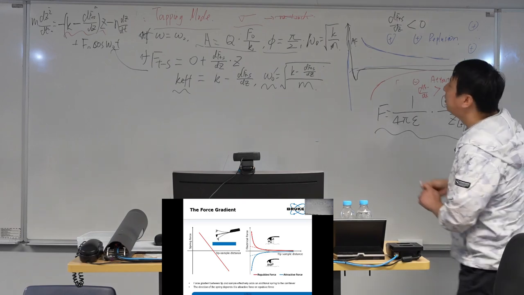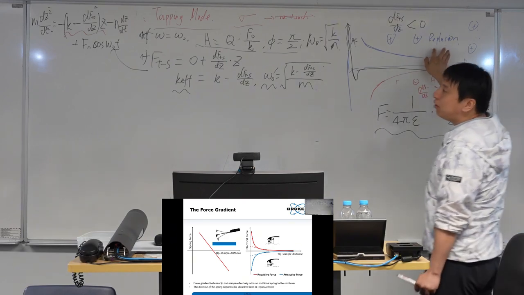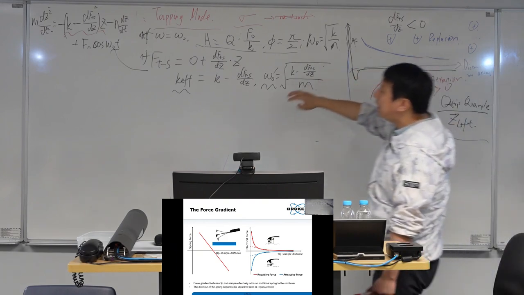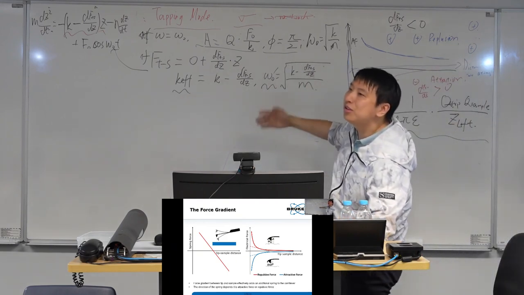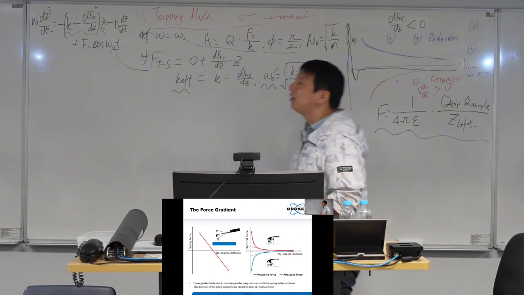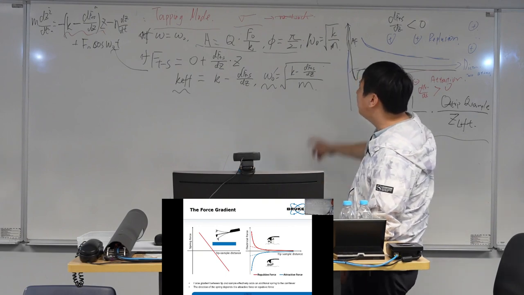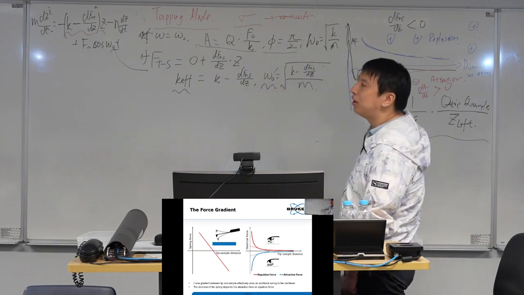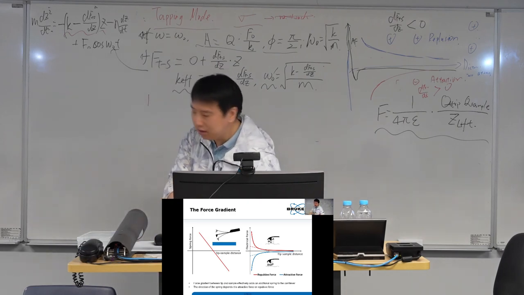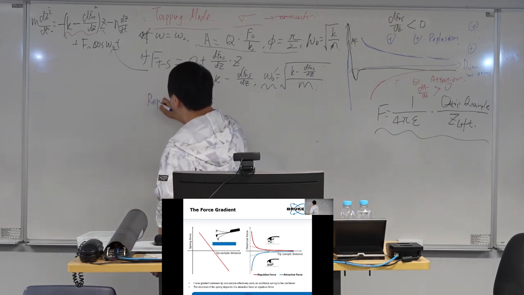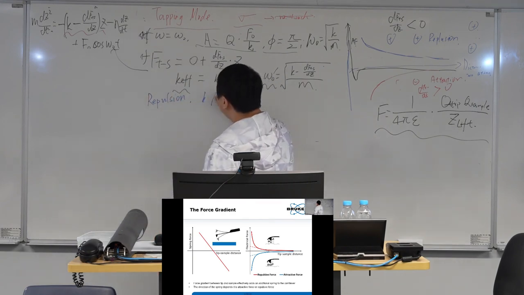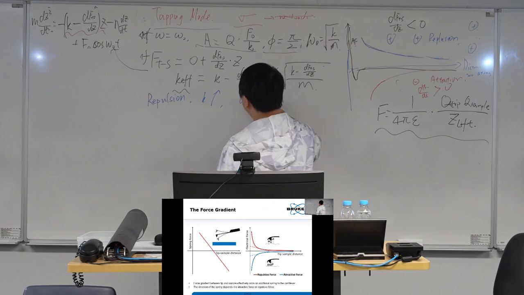So if we have a repulsion force, this repulsion force will make the probe look stiffer. It will increase its effective k and increase its omega 0. So if we have repulsion, the k will increase, the omega 0 will increase.